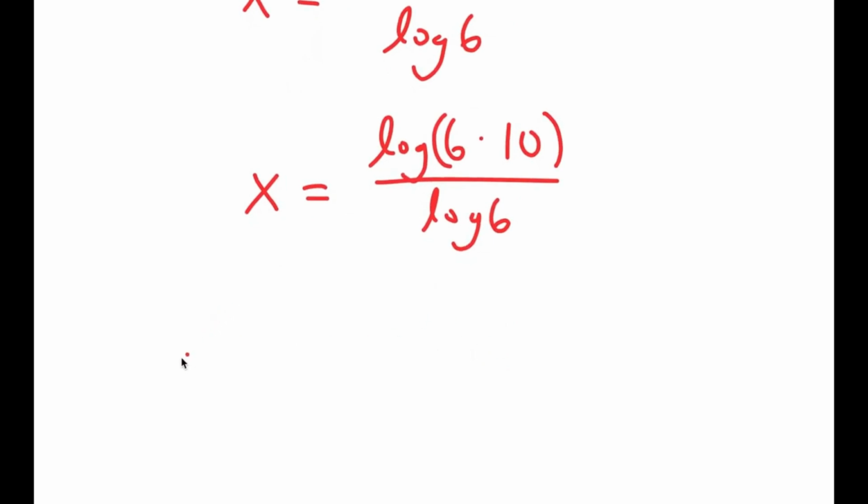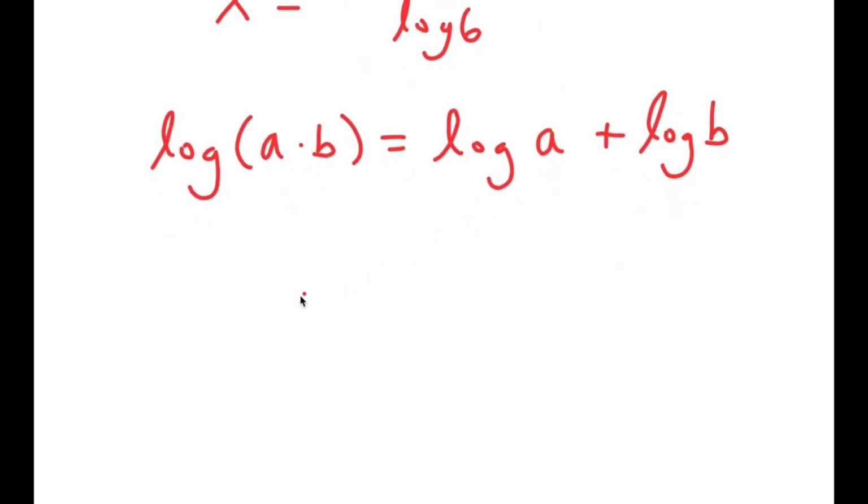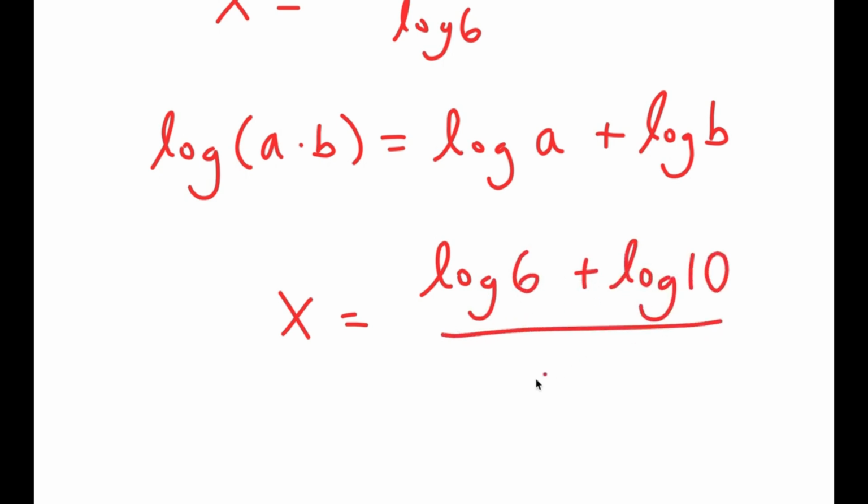And if I have something in the form log of a times b, this is equal to log a plus log b. So log 6 times 10 is going to equal log 6 plus log 10. And I have this over log 6.